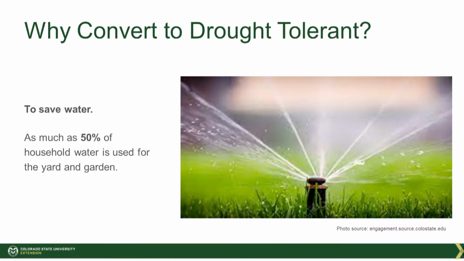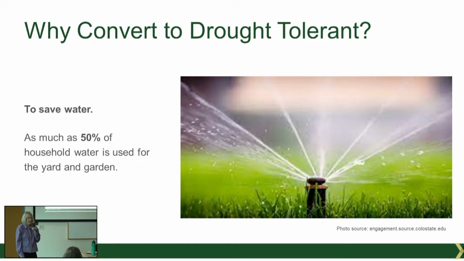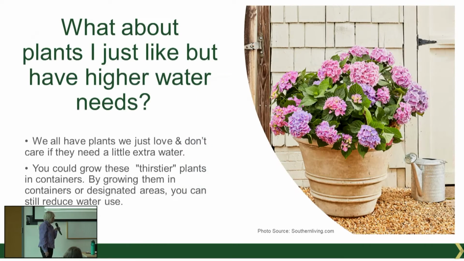In other parts of the country, they think it's kind of unusual that we think we don't have enough water. Well, they don't have to send their water somewhere else, but we do. As you see, up to 50% can be used just to maintain your landscape. So if you can cut down your water usage by 50%, that's huge. Even if you can cut it down by 25%.